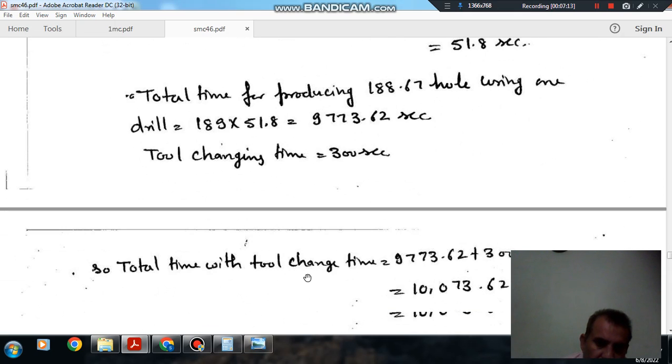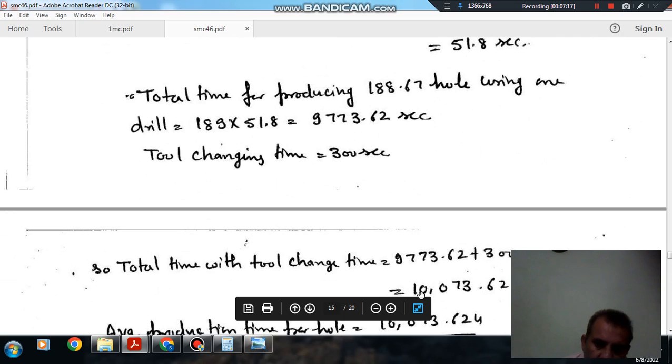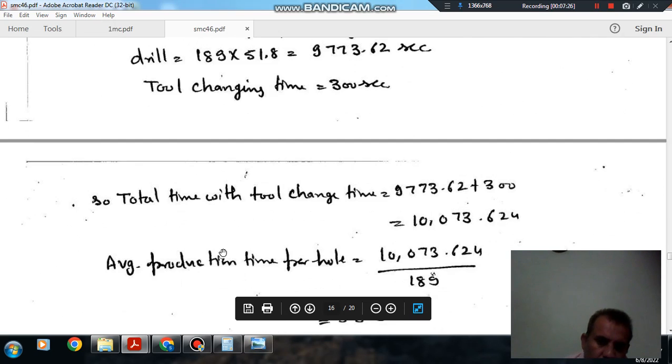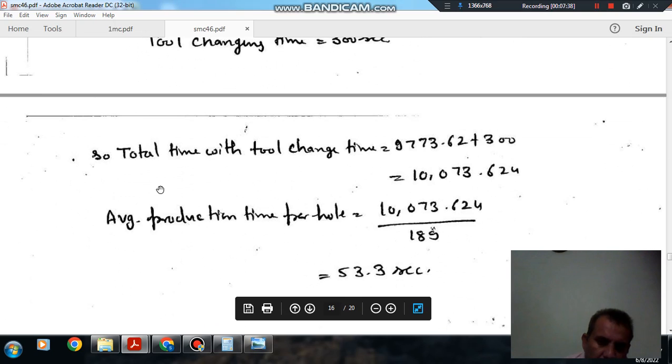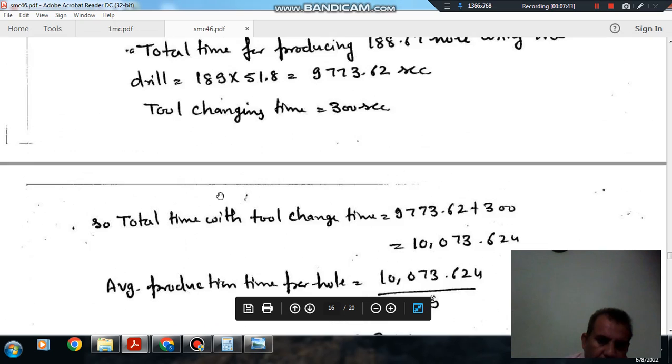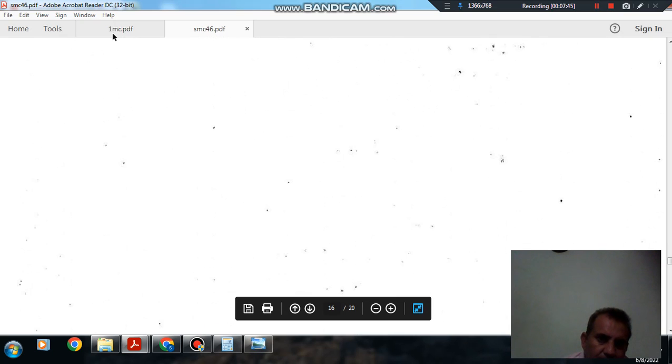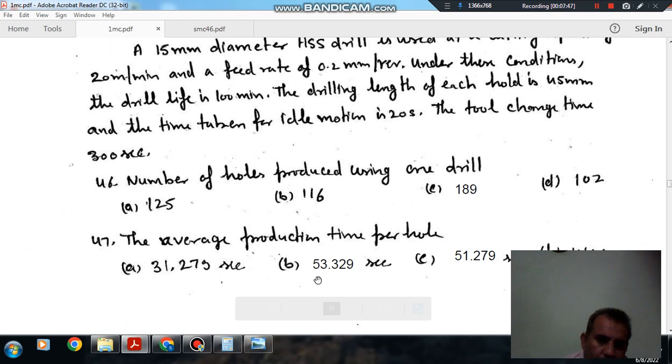So the total time with tool change is 9773.62 plus 300, that is 10073.62. So the average production time per hole is this total time divided by the number of holes produced by one drill, 189. So the average production time per hole is 53.3 seconds. So the answer is option B.